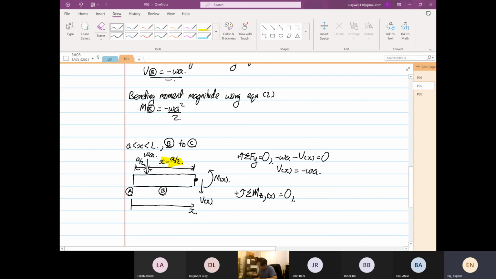So now you have omega A going anti-clockwise, omega A times X minus A over 2, and then we have plus M as a function of X, the whole thing is equal to 0. So M as a function of X is equal to minus omega A times X minus A over 2.